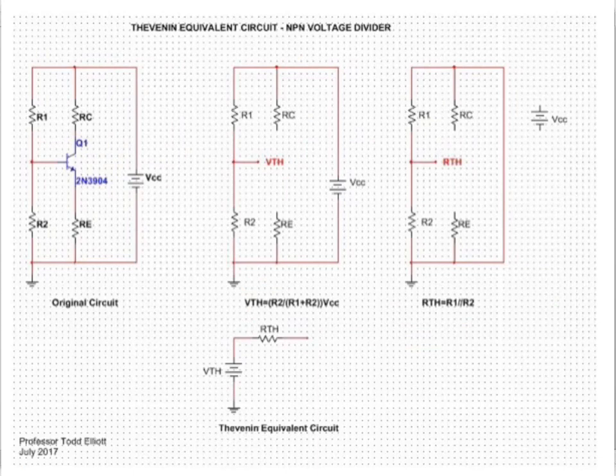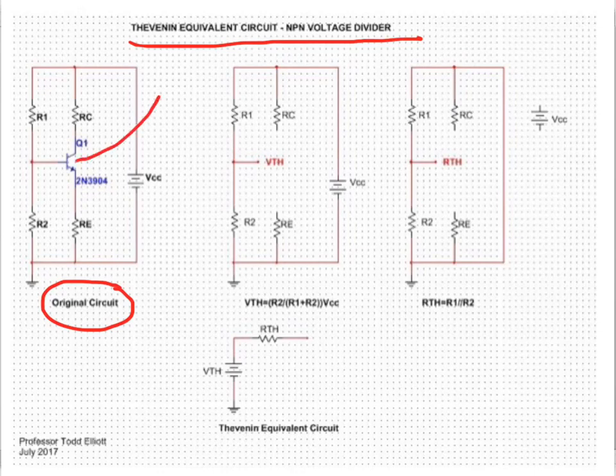All right, so here we have the Thevenin equivalent circuit of an NPN voltage divider. So again, my original circuit, and in this case we are considering the transistor to be the load. So we're simply going to pull that out. It's what you do in Thevenin's theorem.